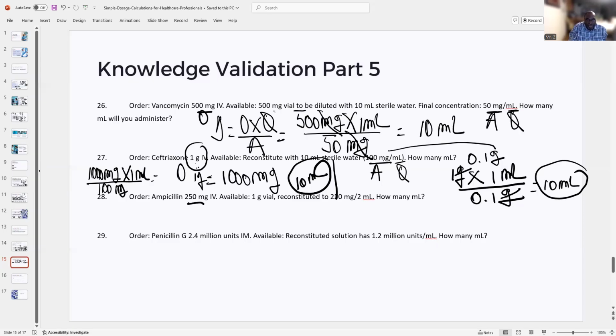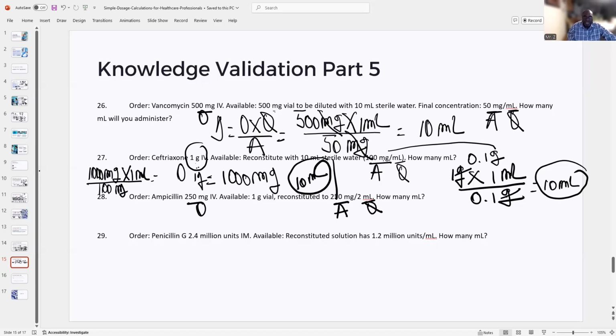Your order is 250 milligrams. Now they say available, it's a 1 gram vial. But the 1 gram vial, when it has been reconstituted, it gives 250 mg per 2 ml. So that is your final concentration after reconstitution, that is your available. That one is your quantity.